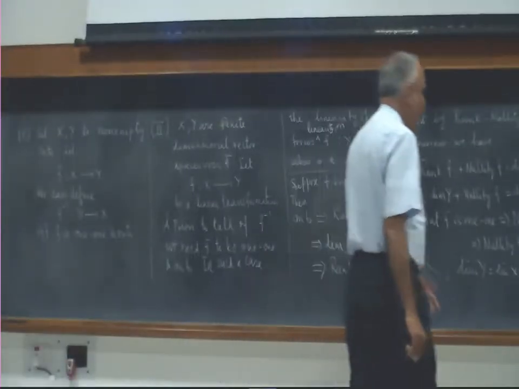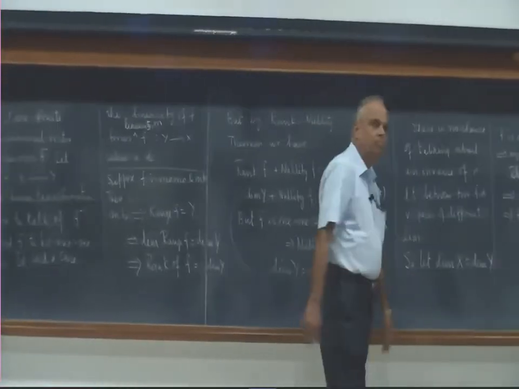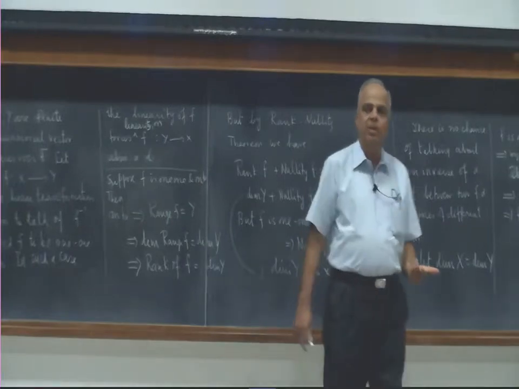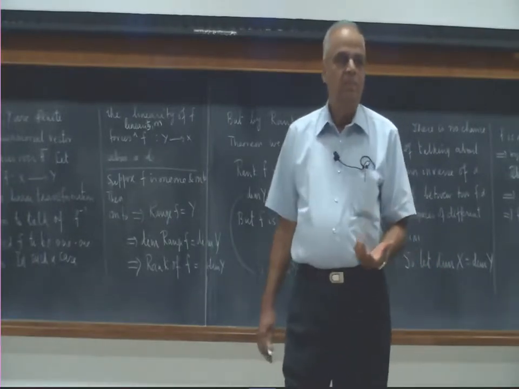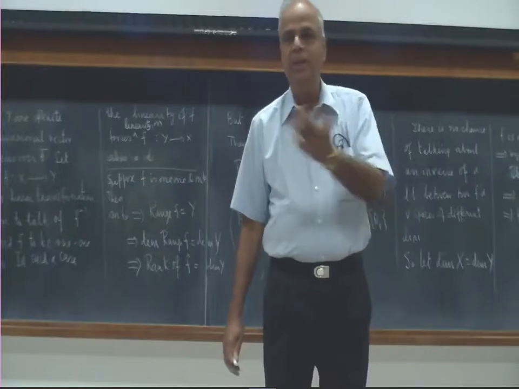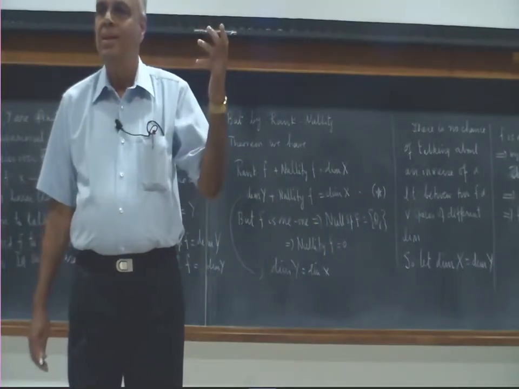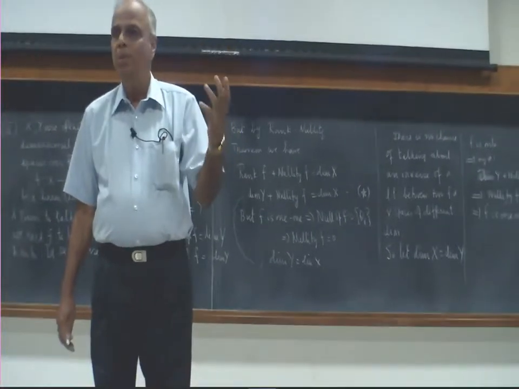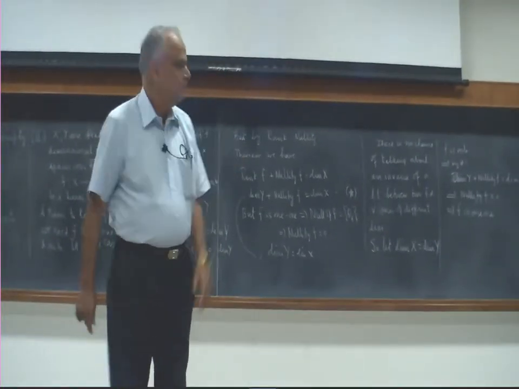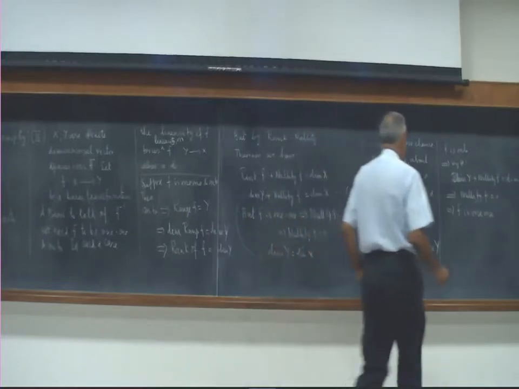On the other hand, if it were 1-1, nullity will be 0. The rank nullity theorem will say the rank of F is the dimension of the domain, but the rank of F is the dimension of Y because it is onto, and so on. Okay, so let me put it this way.